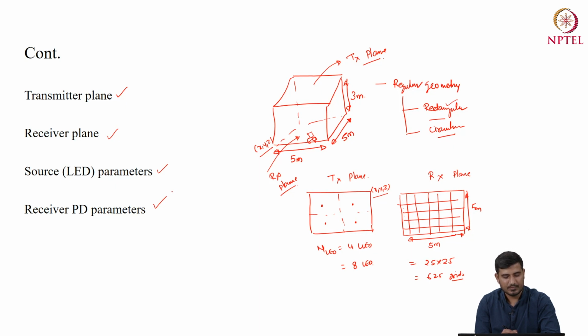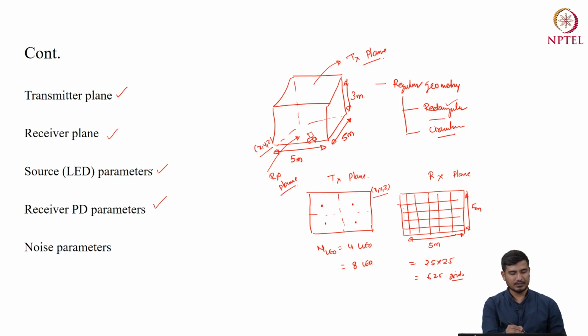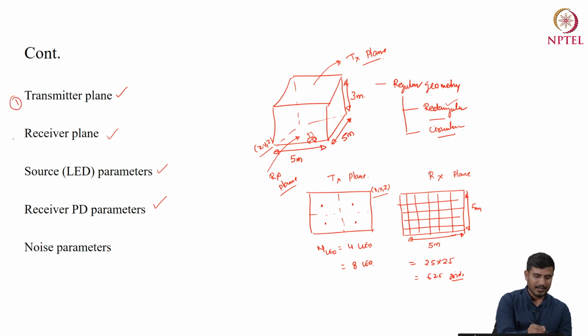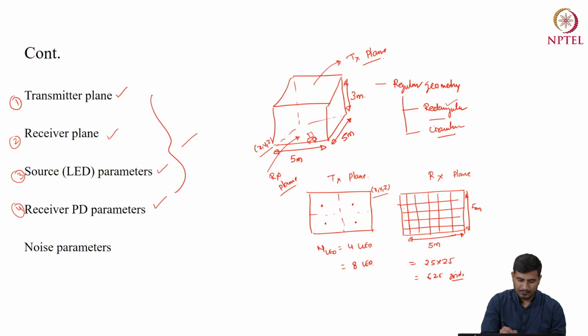So all these values you need to give as an input for the MATLAB. So going ahead, these first 4 parameters, like transmitter plane, receiver plane, source LED parameter and receiver parameter, will give you the received power value.